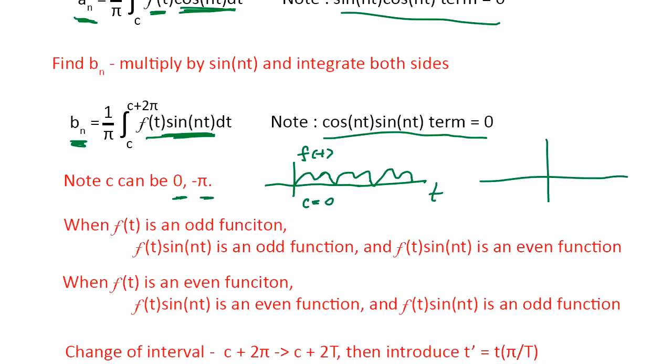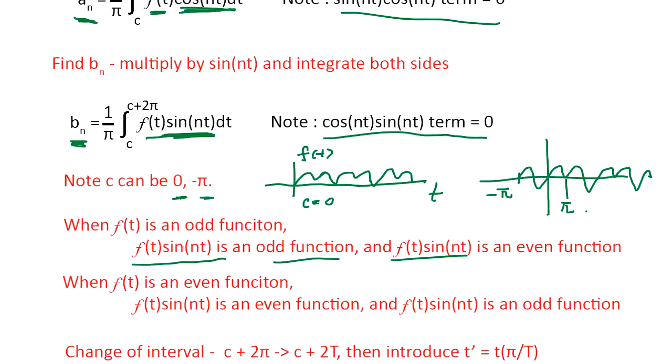Or you can make minus pi like that. Okay, and when f(t) is an odd function, then this is going to be an odd function and this is going to be an even function.